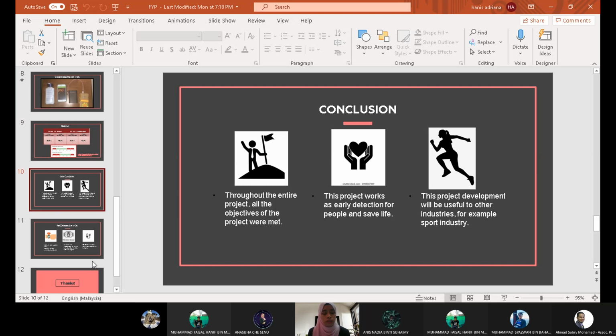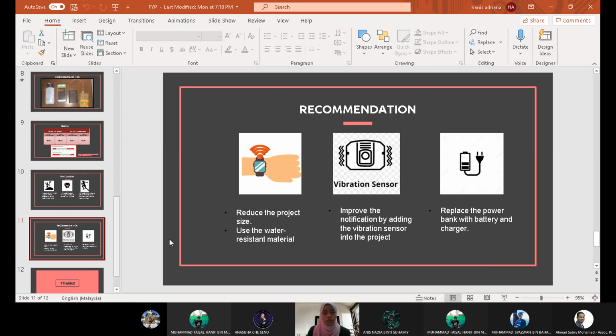So for the recommendation, first thing first, I need to reduce the size of my project development as it is intended to be worn on the human body. Thus, on a final development scale, it should be the size of a marketable watch or other wearable.